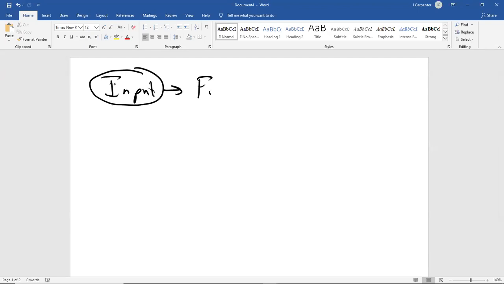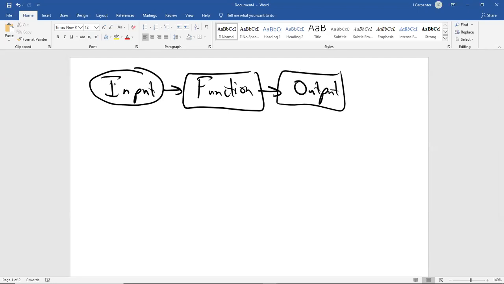Input goes into the function. And then after you process it, you get your output. Come on, technology, man, am I right?